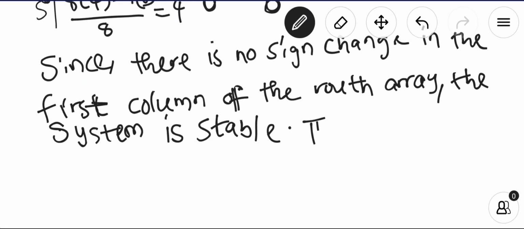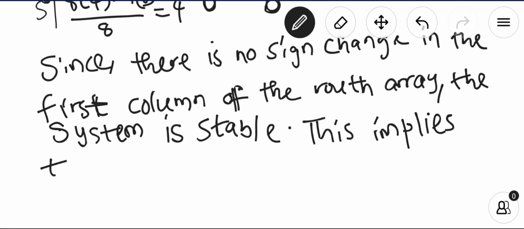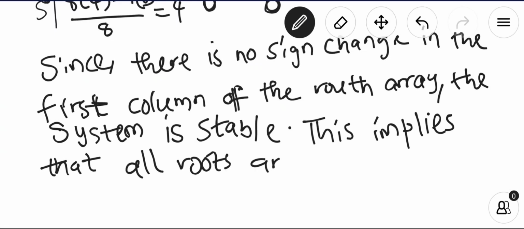This implies that for a system to be stable, there must be no root in the right half S plane. This implies that all roots are in the left half S plane.